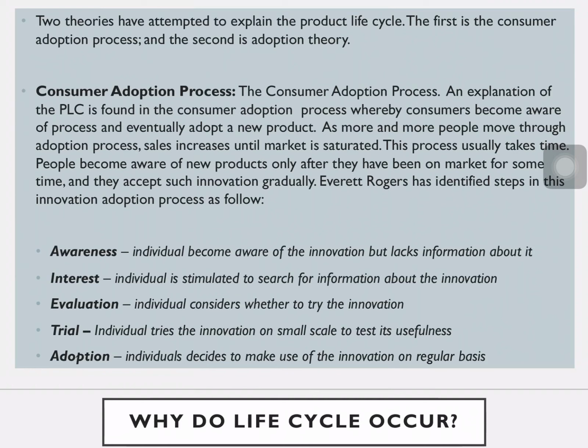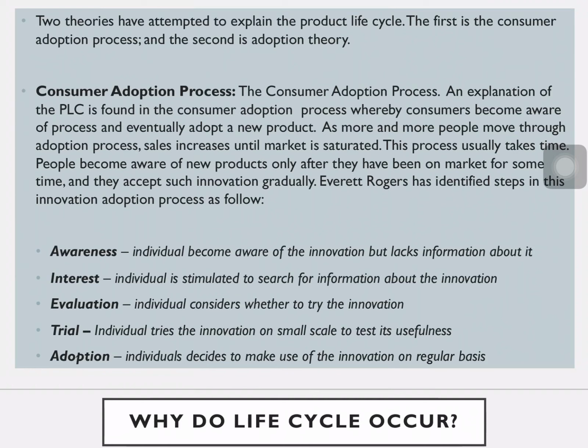Interest is stimulated to search for information about the innovation. Eventually you become aware of the new features coming up in the product, so you try to gather more and more information because of the interest arising within you. So this is the second process.